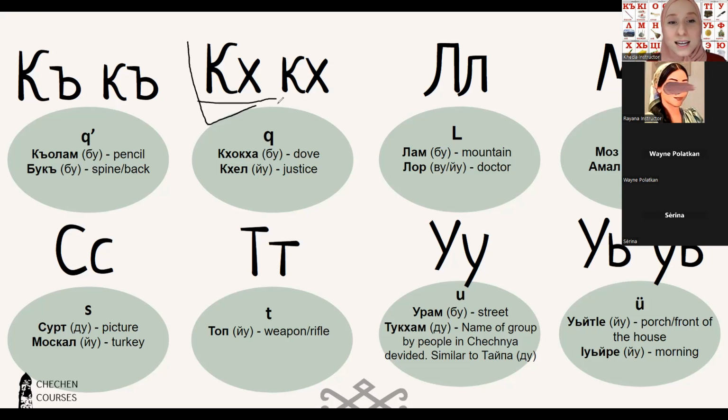Ha. This letter is made up of two letters, which are k and h. In words like kok, hill.